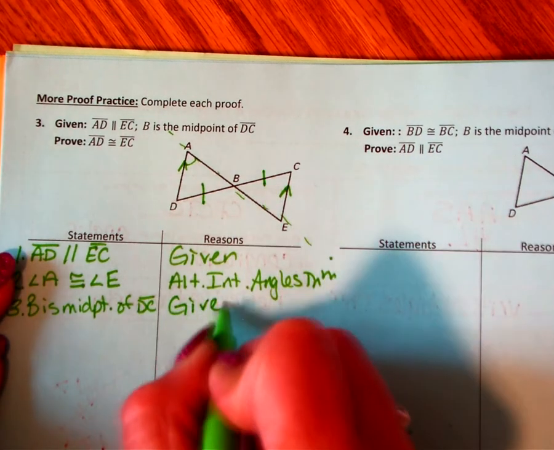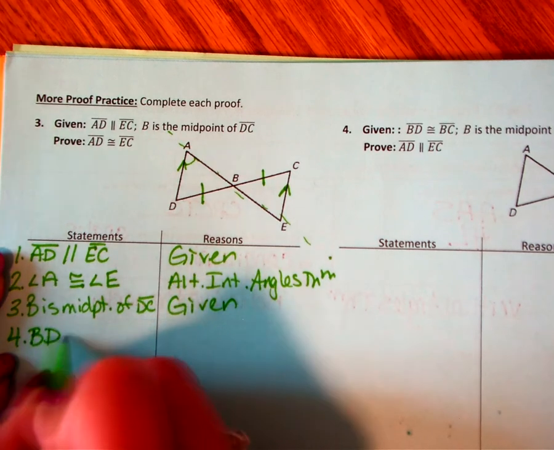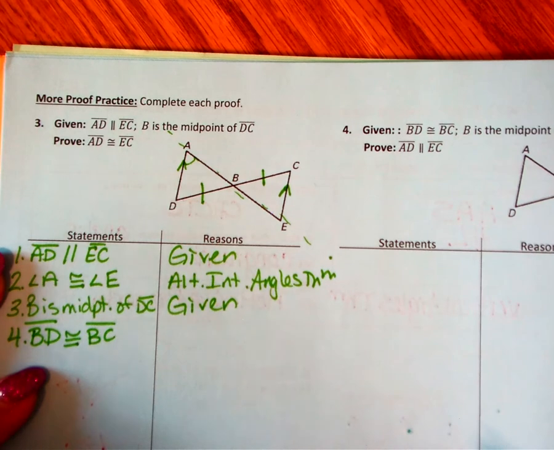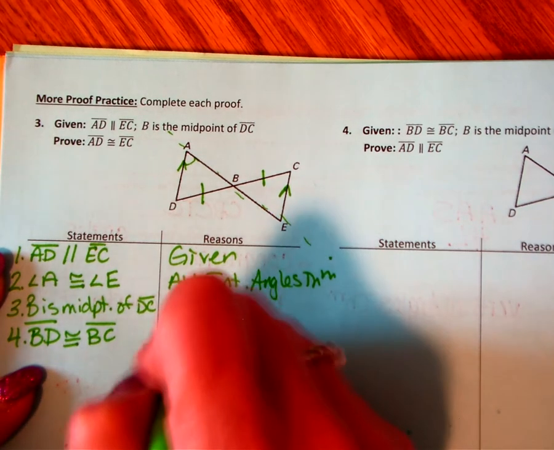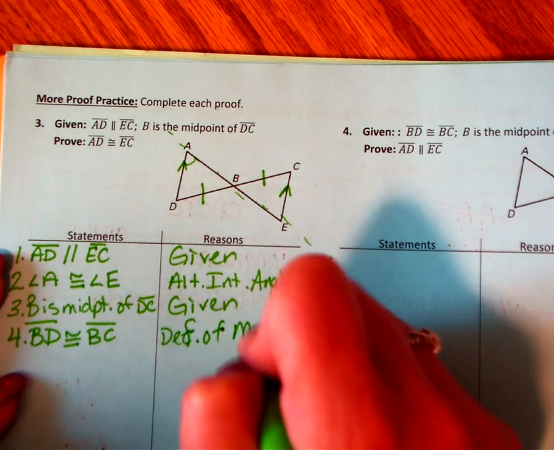That's given to me. And what that tells me is that BD is congruent to BC by definition of midpoint.